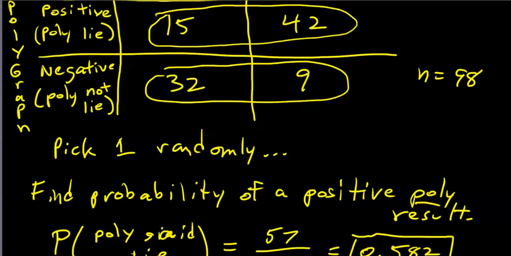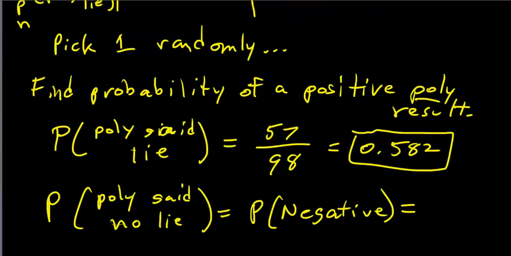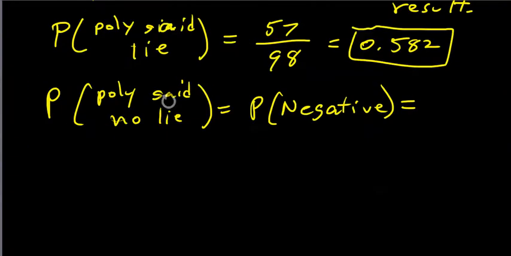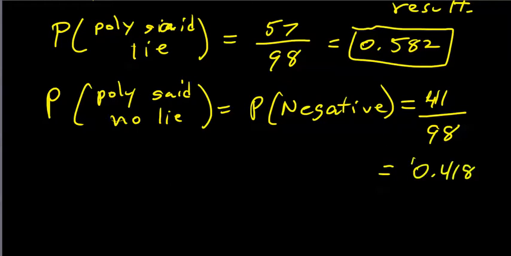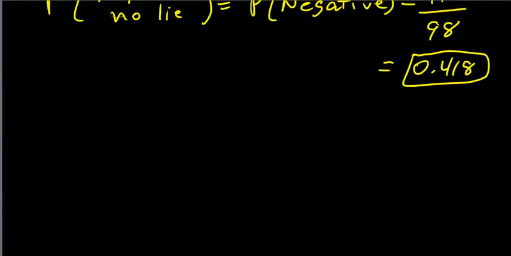And there's 41 of those subjects indicated in that row. So there's 41 ways to pick a negative test result, again divided by a total of 98 subjects. I'll divide that out and round it off, and I get 0.418. And I think you see where this is going.